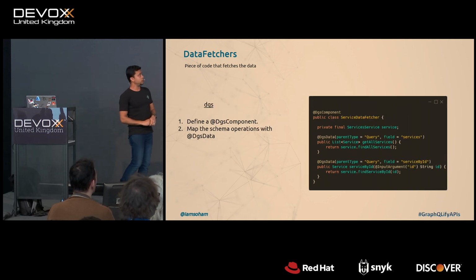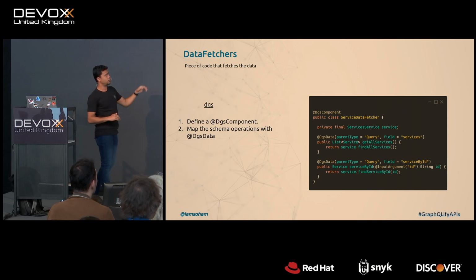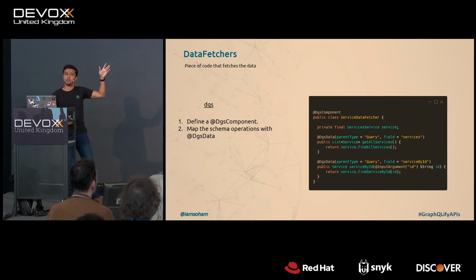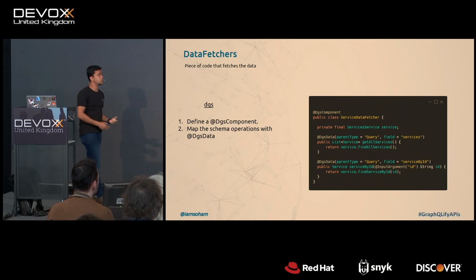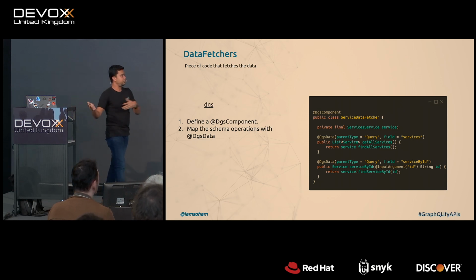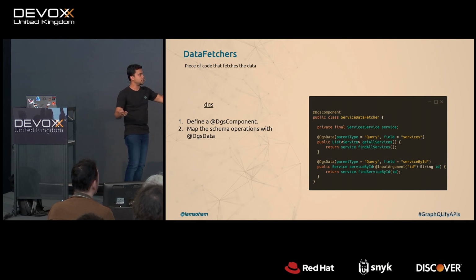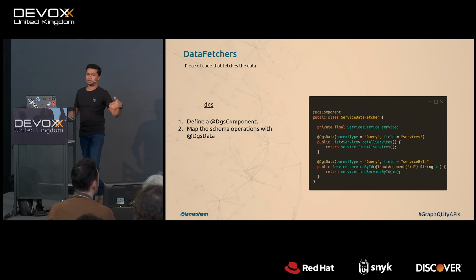DGS, as I said, you need to define a DGS data. The class will be annotated with DGS component. And in that annotation of DGS data, you define what type of operation this is, and where it is mapped to. If the name of the method remains the same, you don't need to define it in your schema.